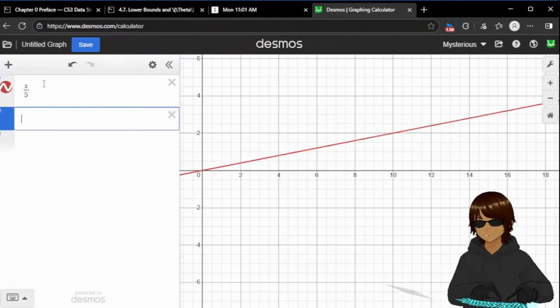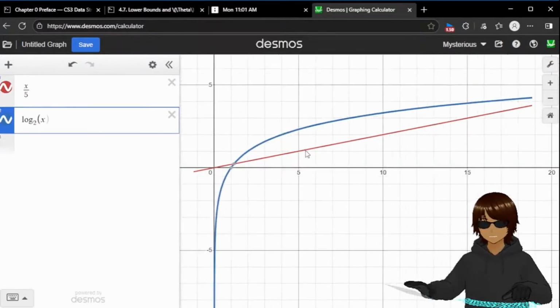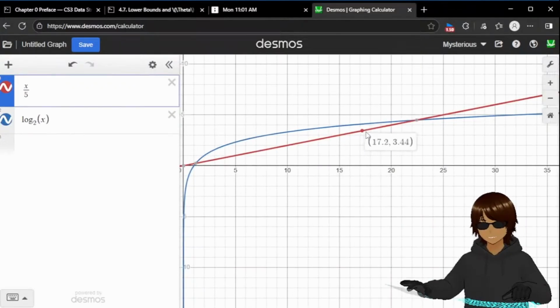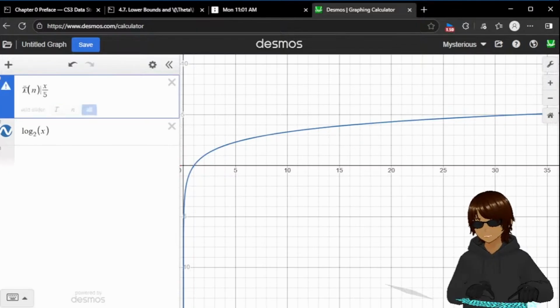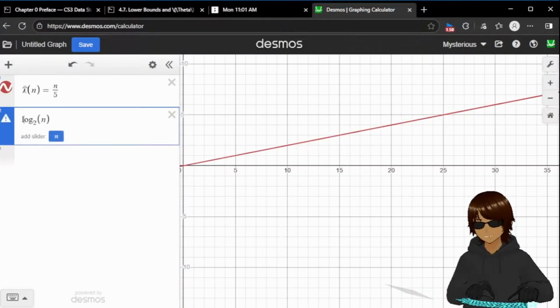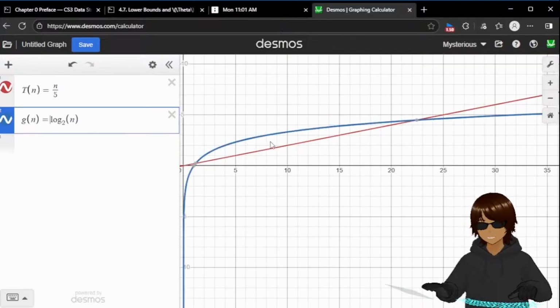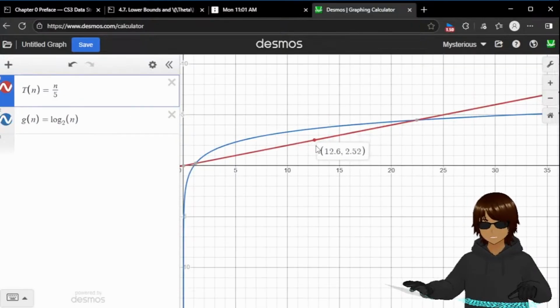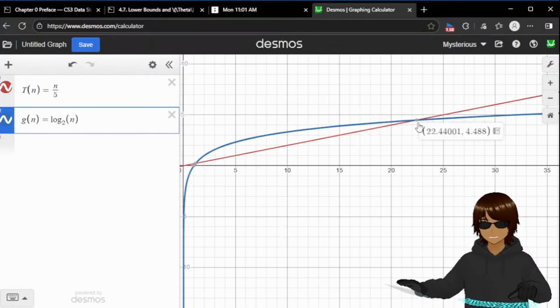And let's say there's another function, log base 2 of x. This is our running time function, T(n), and this is g(n) = log n. Now our running time function will surpass this g(n) at some point, at this point over here.